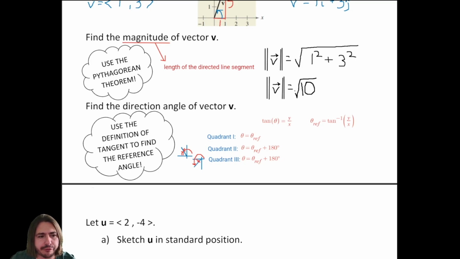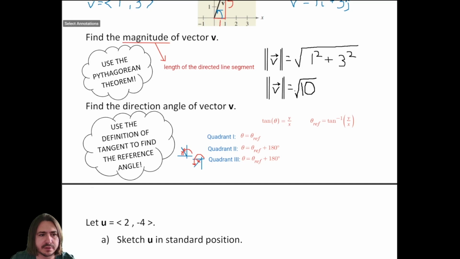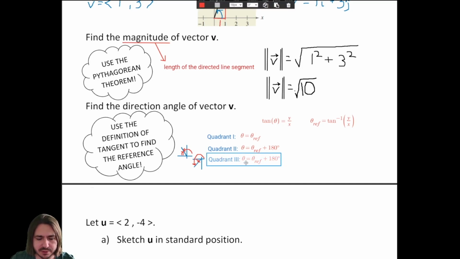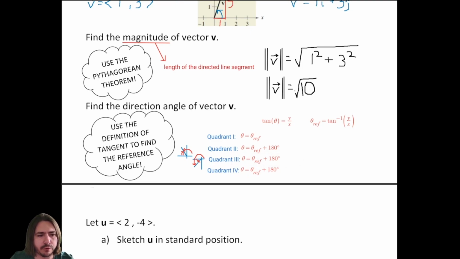If you're in quadrant 4, you're going to end up adding 360 degrees, or 2 pi if you're in radians. I think most of these should be in degrees though, so that's why I'm going to write these out in terms of degrees. So yeah, in quadrant 4, and let's see if I can squeeze in this little diagram here. I didn't do a diagram for quadrant 1 just because I think it's kind of obvious. But maybe I'll throw it in there too.